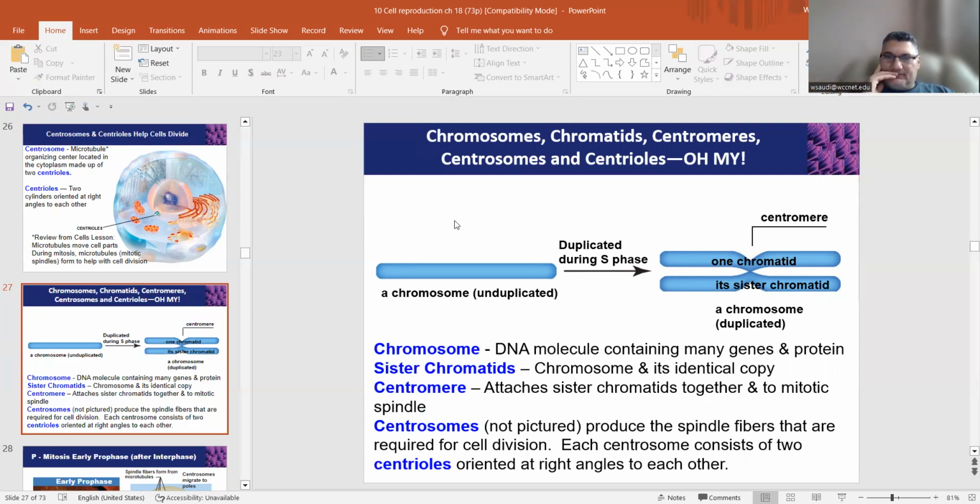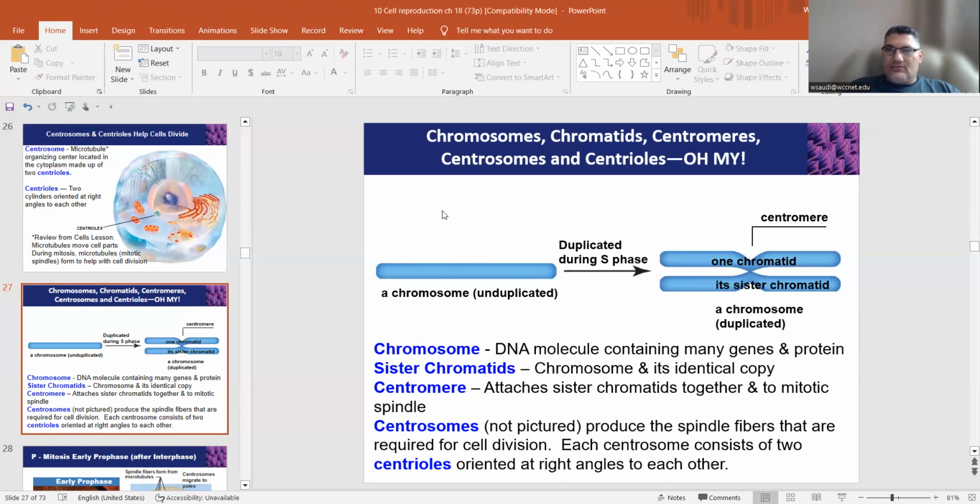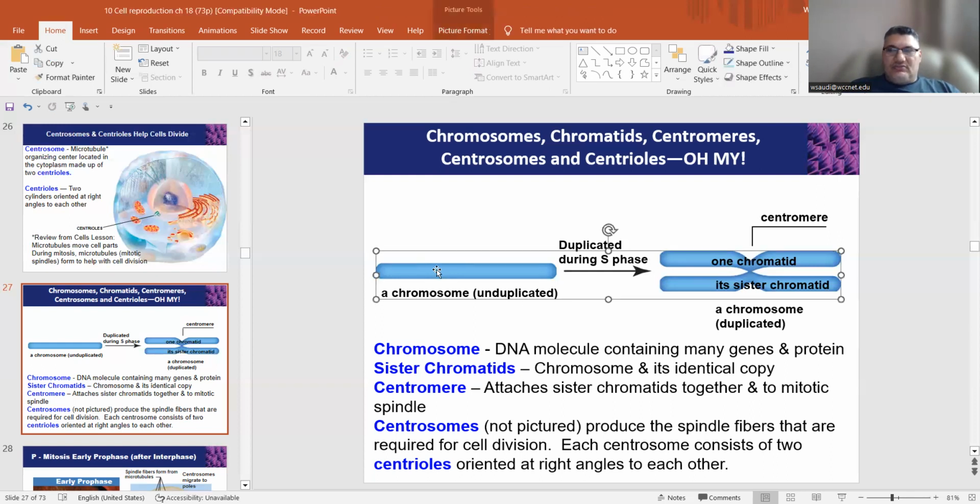Does anybody know? The question is condensed or not? Anybody know? No? Okay, this is condensed because we're preparing for division.